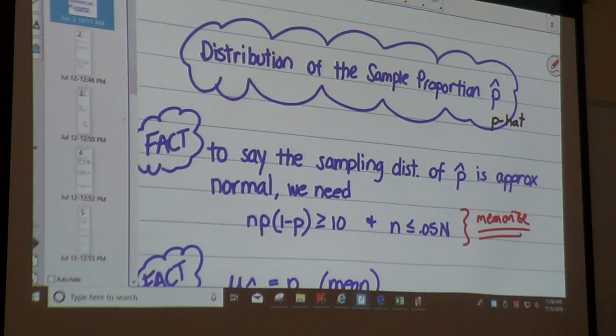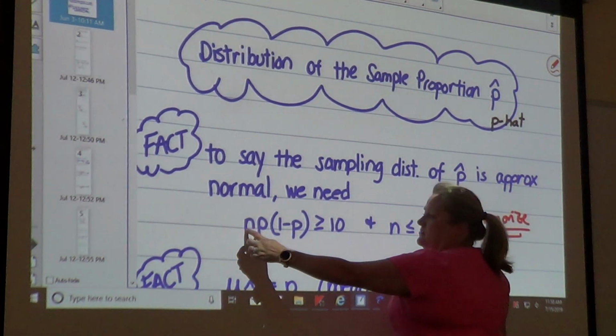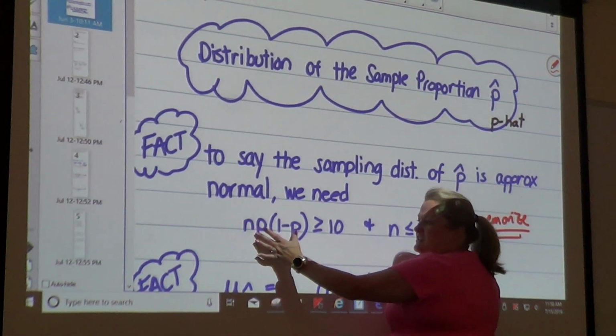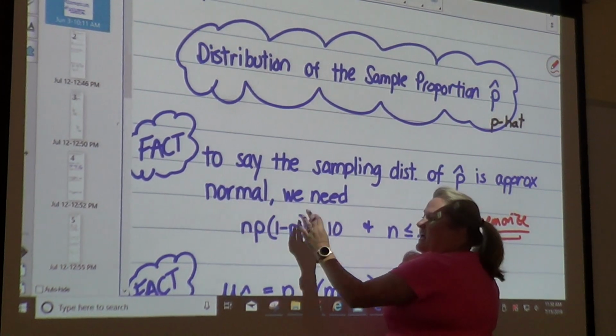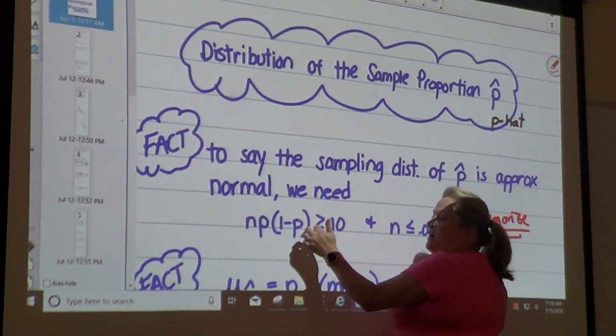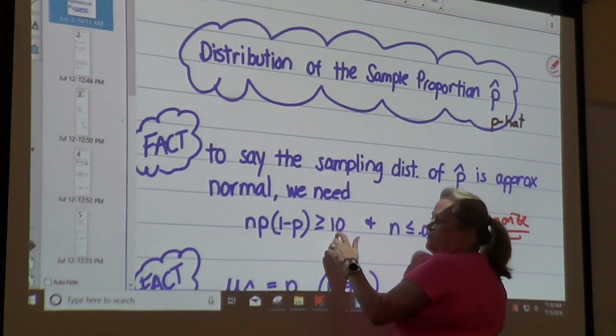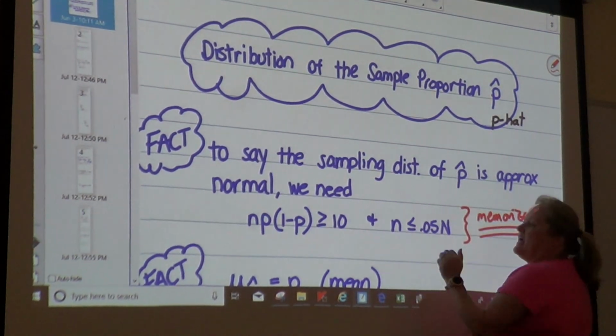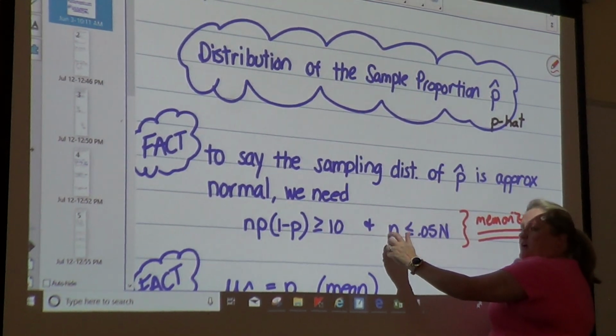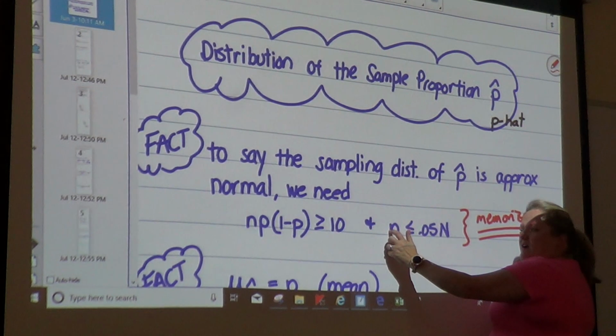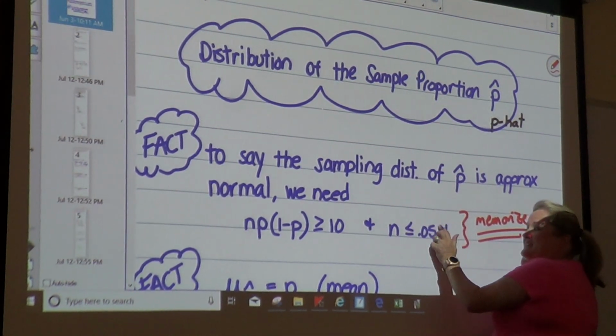n is your sample size. How many people are you asking? p is your percentage, your proportion. And those two things, n times p and n times 1 minus p, need to be approximately greater than or equal to 10. Little n is the number of people you're asking in your sample, and big N is the number of people in your population.